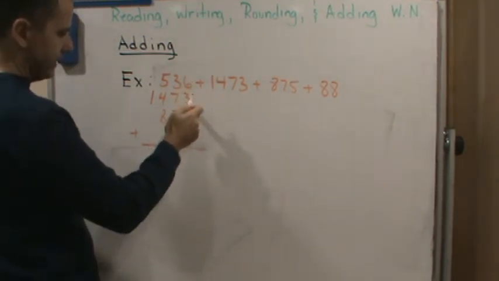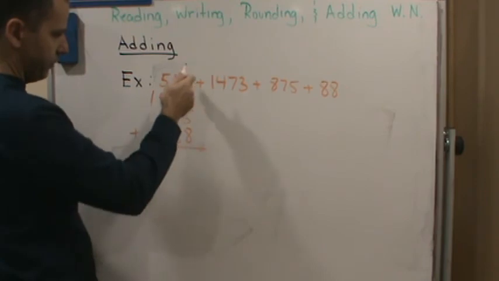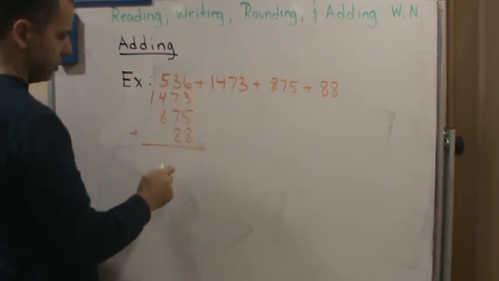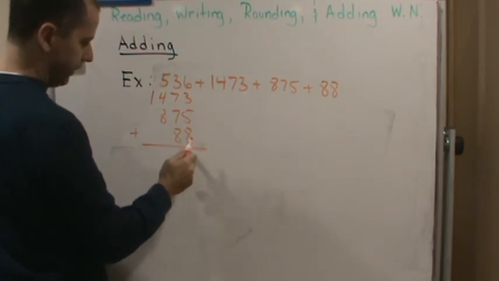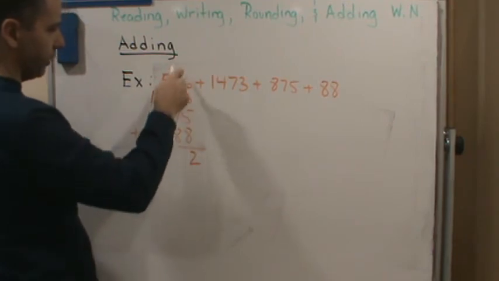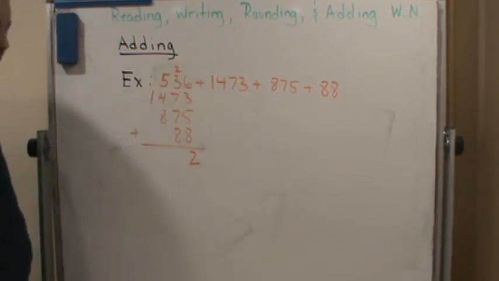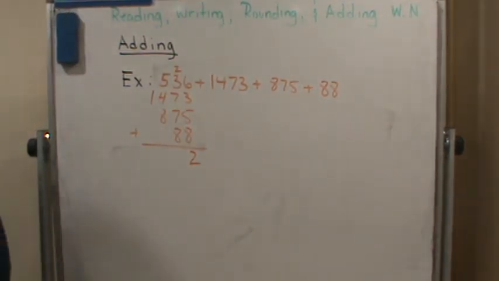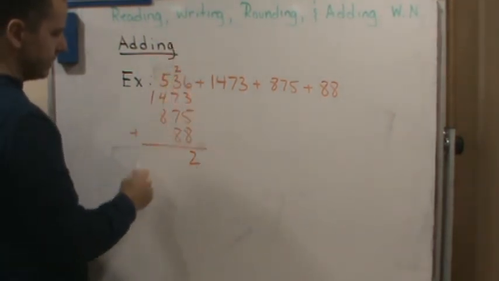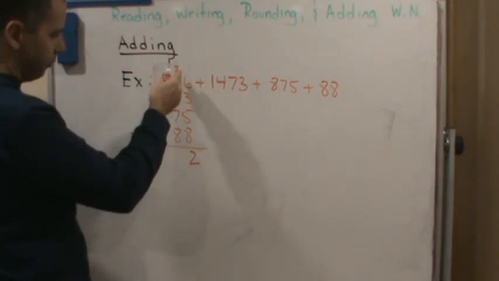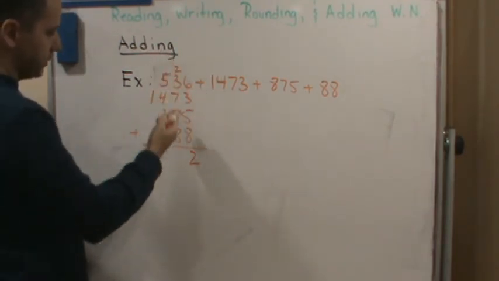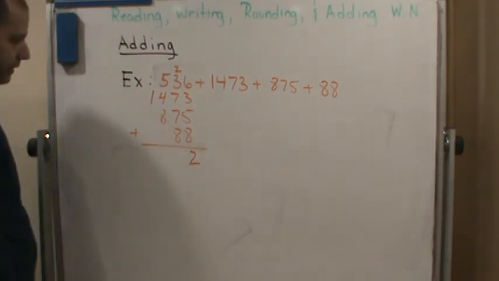So if I add these together, so now I'm going to do it right to left. So if I add these together, I get 9, right, plus 13 is 22. So again, I can't fit more than 9 in here, so this is going to be 2. The 10s are going to go in the 10s column. So I have 2 10s left over, and so now I'm going to add all the 10s together. Well, how many 10s do I have? Well, I got 14. 14 plus 5 is 19, plus 8 is 27.